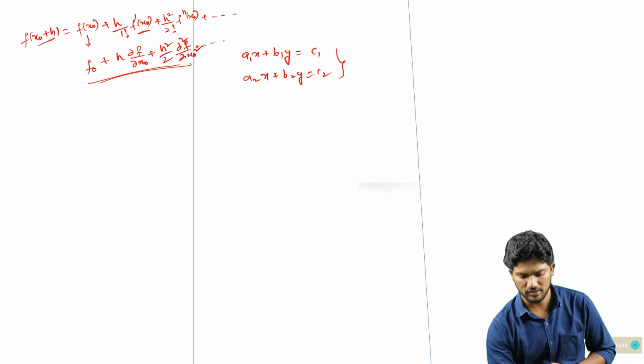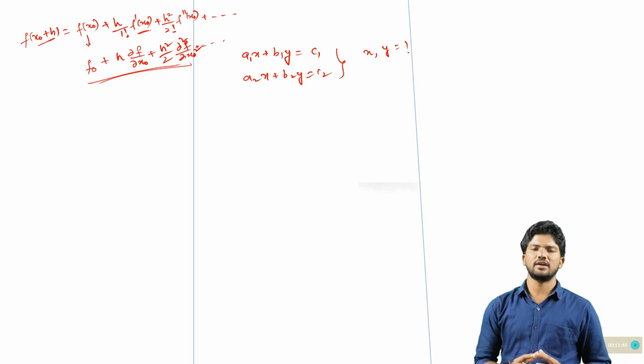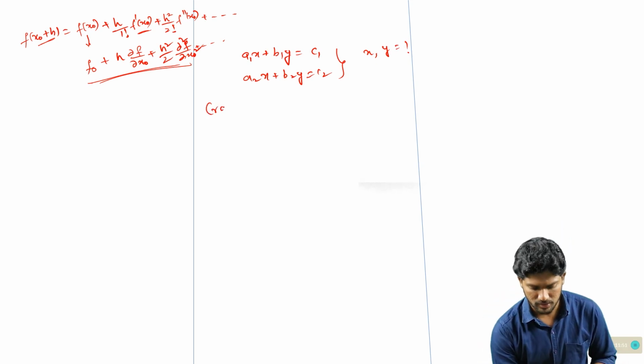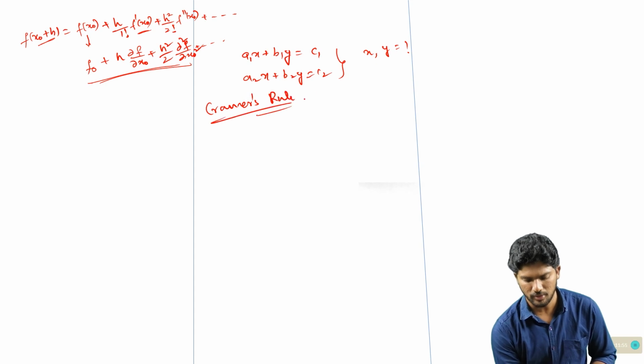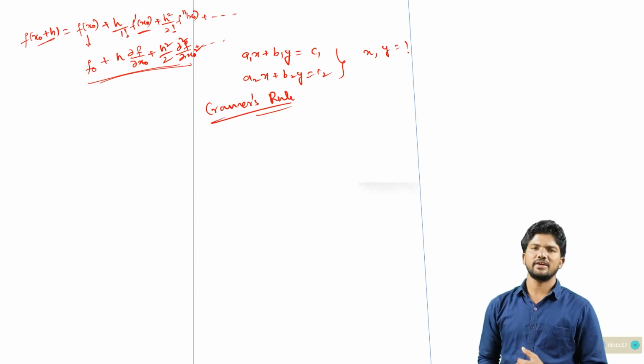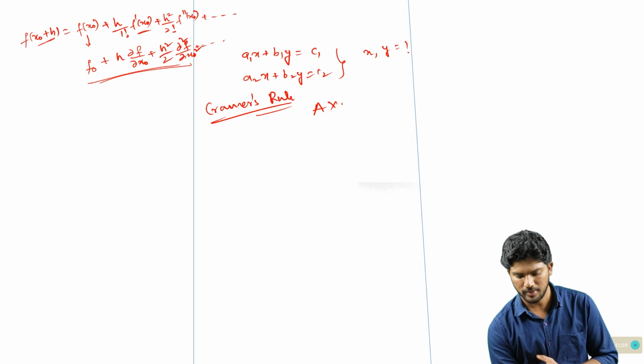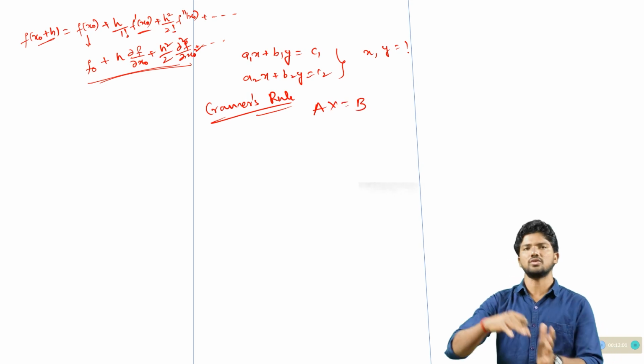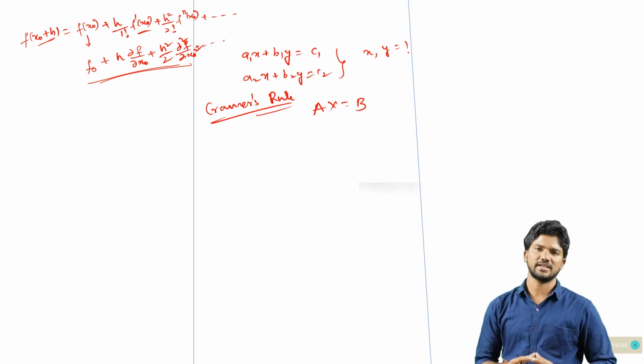Now we have to find the x and y values by using Cramer's rule. How can you do that process? First of all, the given equation should be in the format AX equal to B. If it is not in that format, we have to convert the equation into the format AX equal to B.